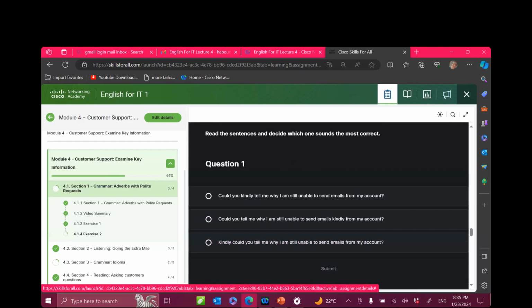Could you kindly tell me why I am still unable to send emails from my account? Or could you tell me why I am still unable to send emails kindly from my account?